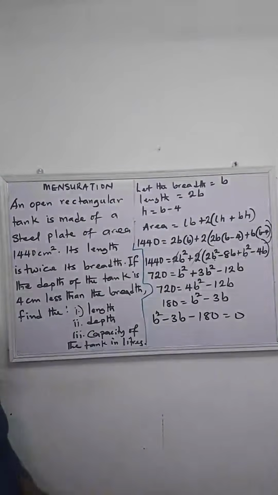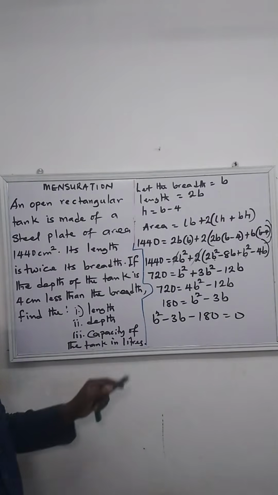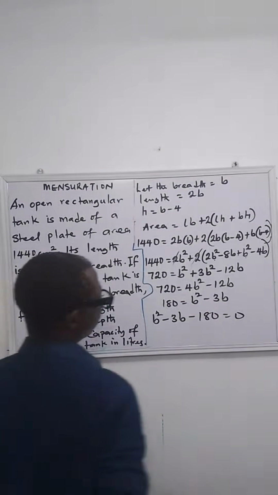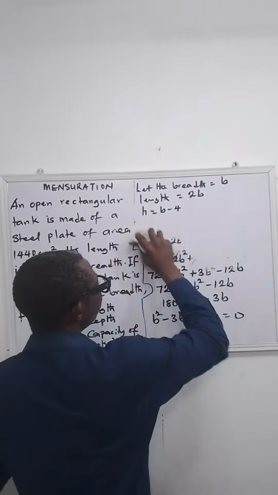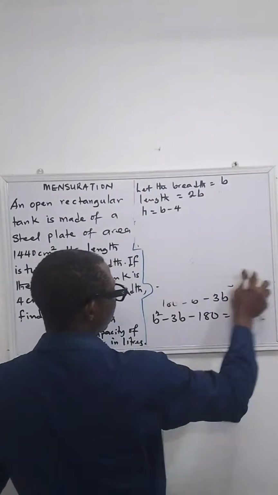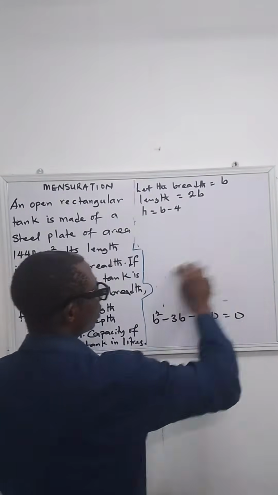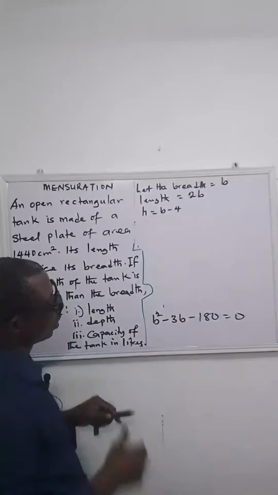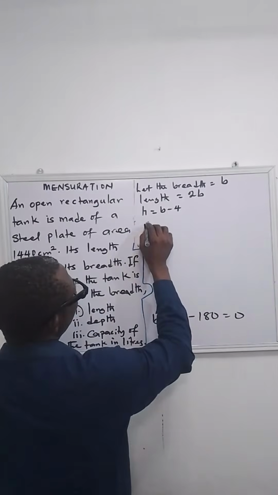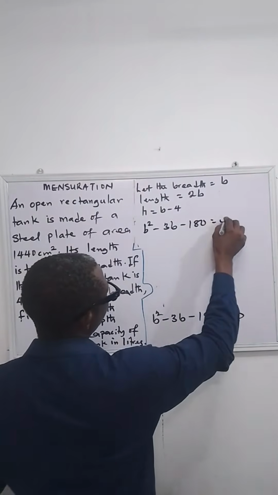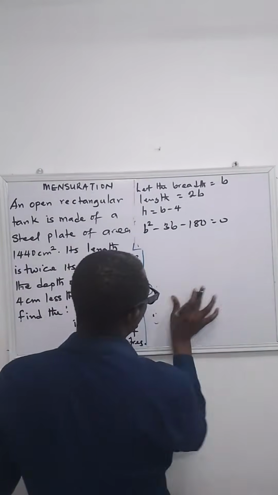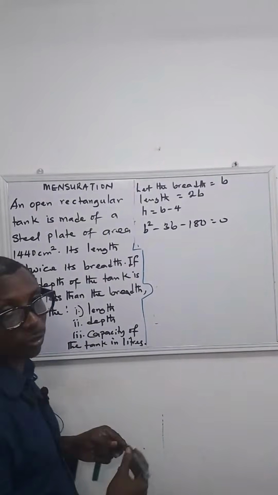So the next thing is to solve this quadratic equation. Now, how do we solve this? We have b squared minus 3b minus 180 equals 0. So now you look for the sum and product.